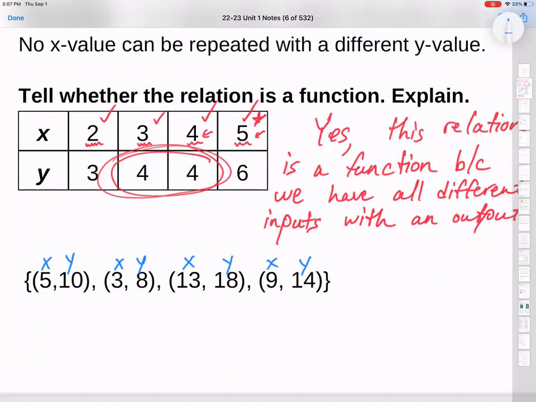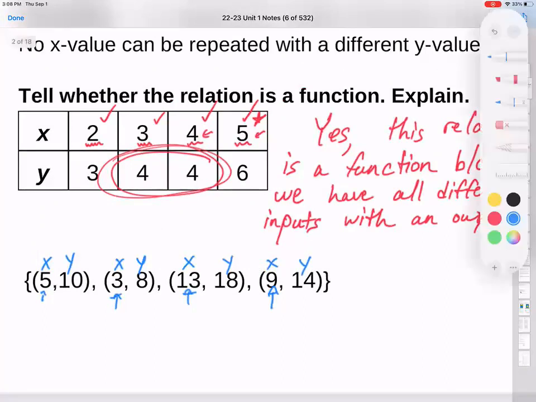Looking at this, our first one is a 5. Do we see any other 5s? Nope, we don't. So then we move on to the next number, 3. Do we see any repeating 3s? Nope, we don't for the x values. This guy's good, and this guy's good as well. So 3 is okay as well, that second point.